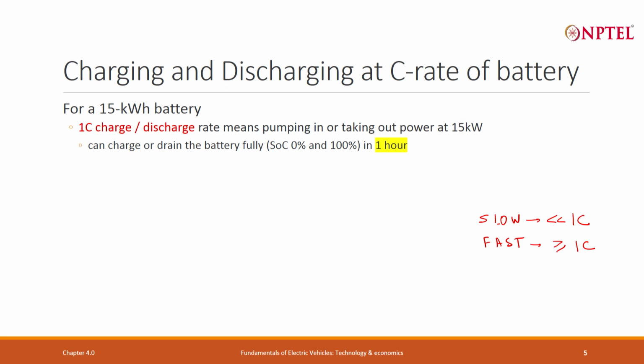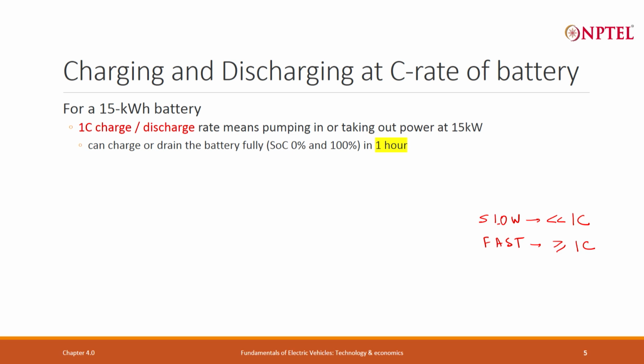There is a very important concept that I have been talking about repeatedly, the C rate of the battery. It is defined as how many C, 1 C, 2 C, 0.5 C. 1 C charging or discharging rate basically means the battery could be charged from 0% to 100% SOC in 1 hour.